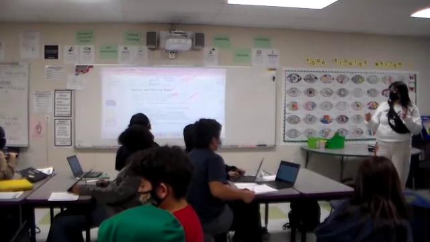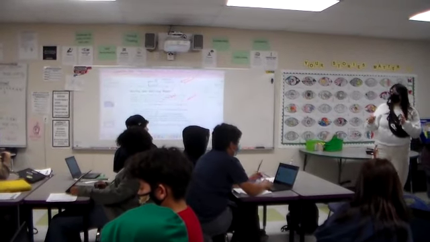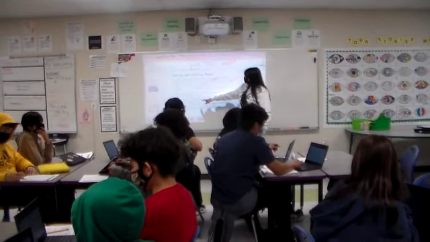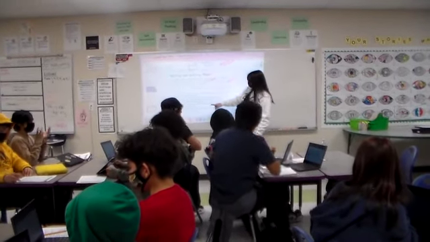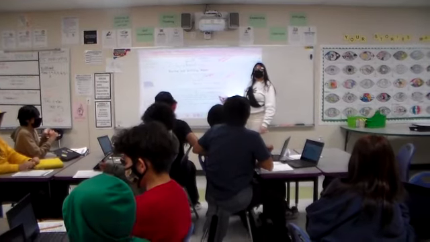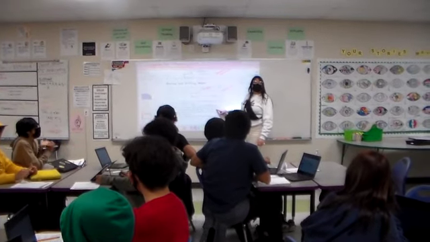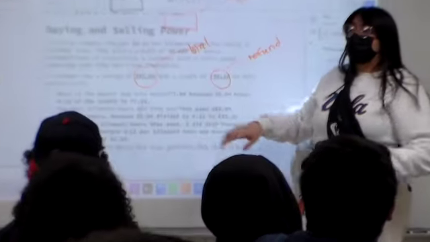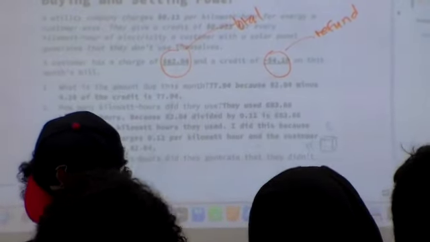Do you know how many hours there are in a month? 700. There's 730 hours in a month. How much of those hours did they use the electricity for? 683. So for 683 of those hours of the whole month, they were being charged for that amount.